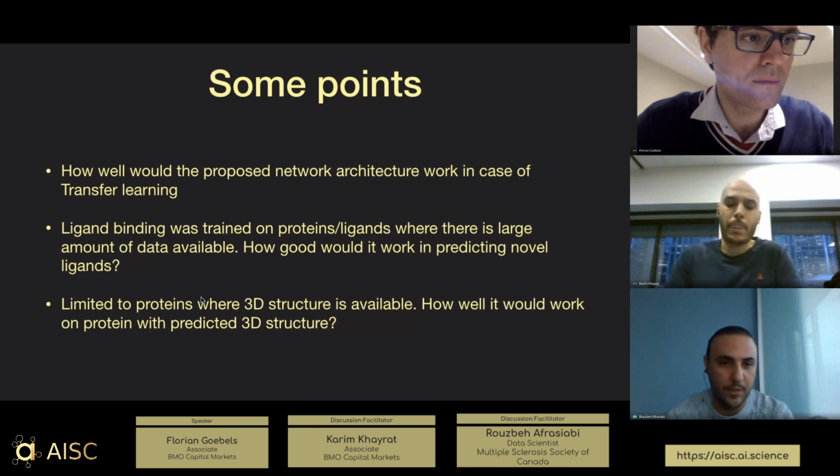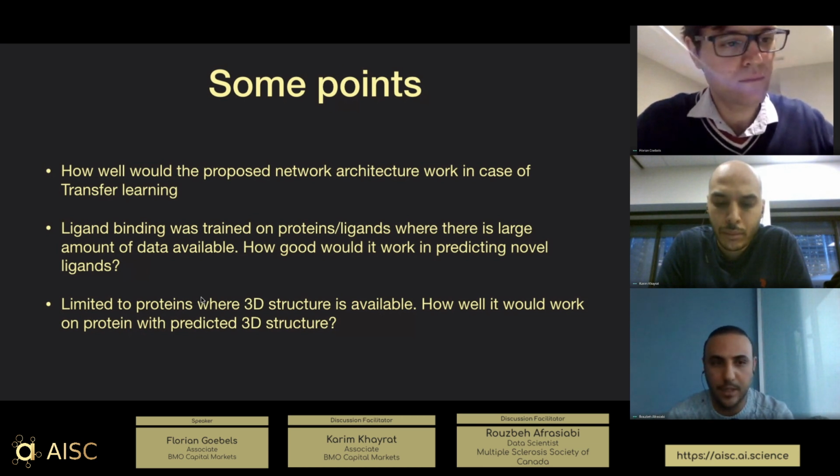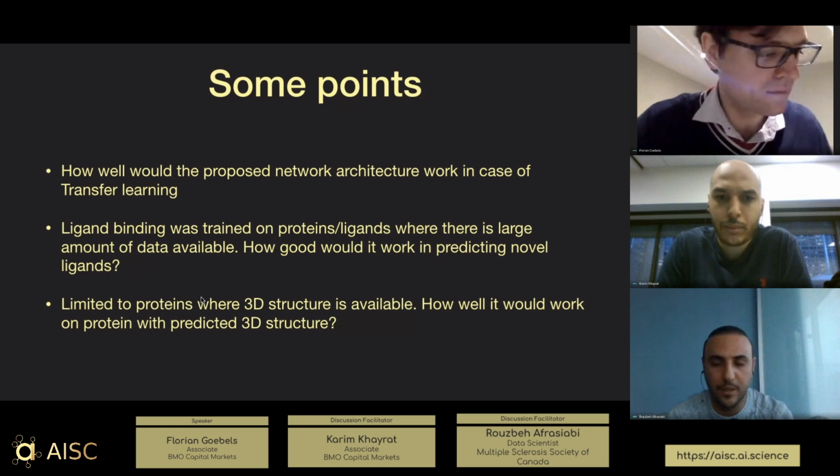So they're creating word embeddings out of each of them. On the point of whether this can be used as transfer learning, because we can look at it as word embeddings, I think it can be used in the case of transfer learning.